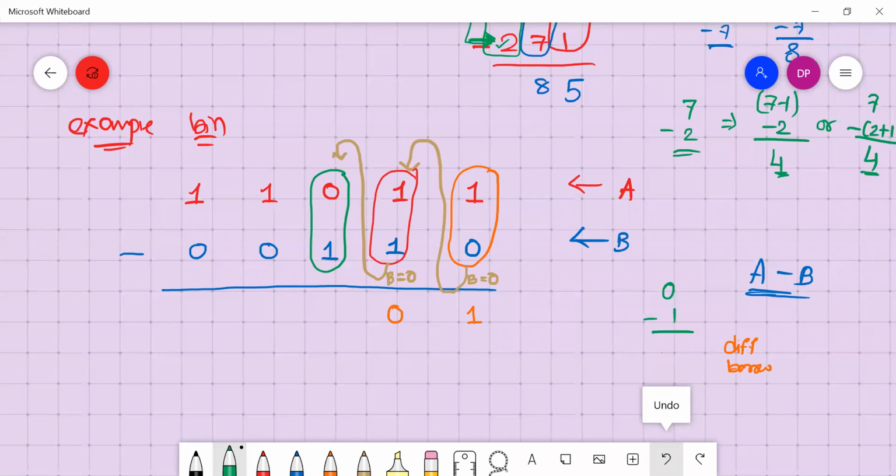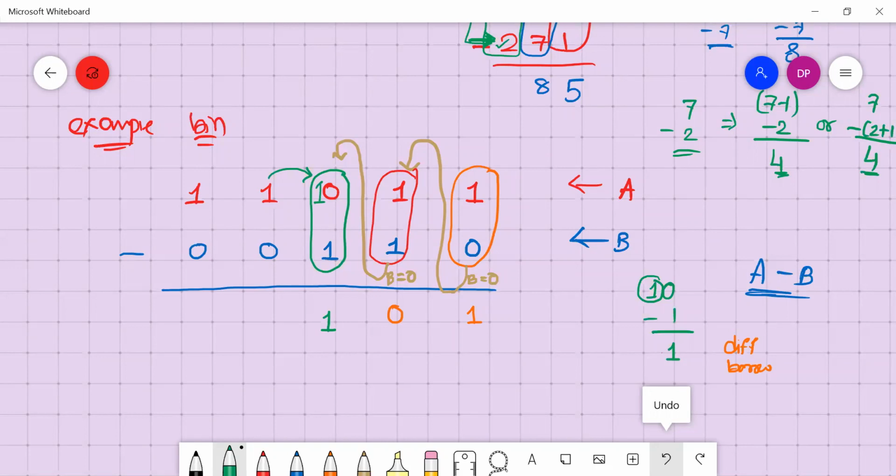So 0 minus 1, you have to borrow a 1. So it will be 2 minus 1, that is equal to 1. We will borrow a 1 from here, so it will be 10 minus 1, 2 minus 1, this is 1.